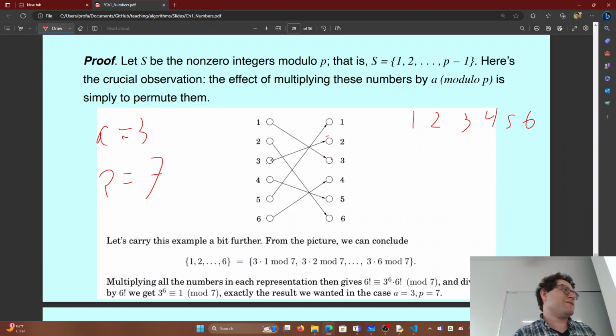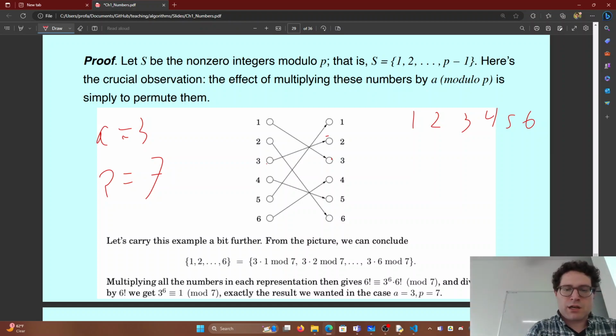Multiplying 3 by 3 in mod 7 gives us 9, which is 2 in mod 7. 2 times 3 in mod 7 is 6. 6 times 3 gives us 18 mod 7, which is 4. 4 times 3 gives us 12, 12 mod 7 is 5. 5 times 3 gives us 15. 14 and 15 differ by 1, and we're back at the beginning.